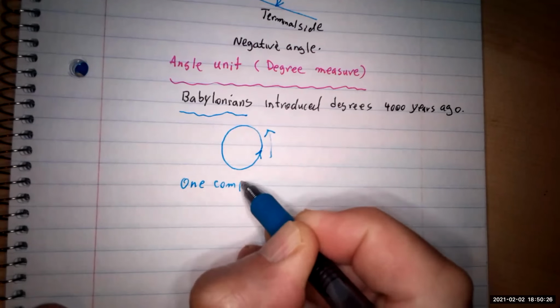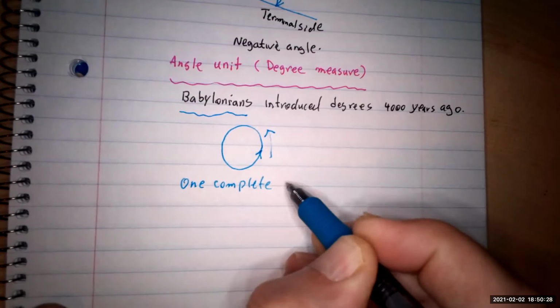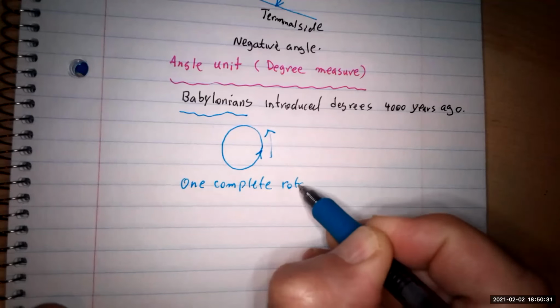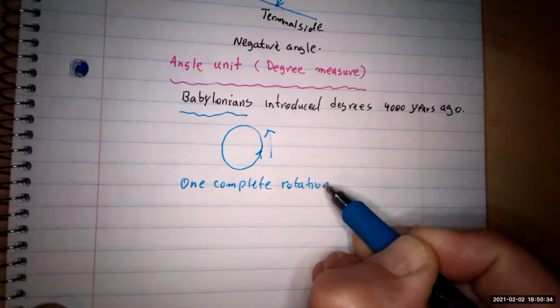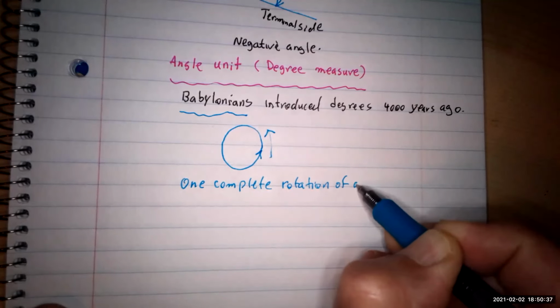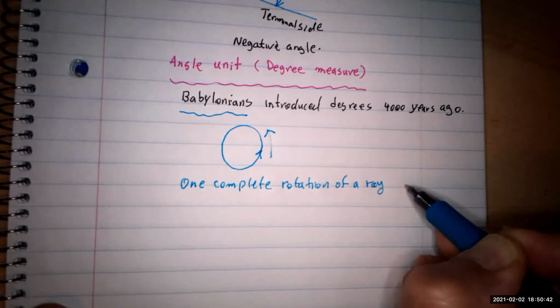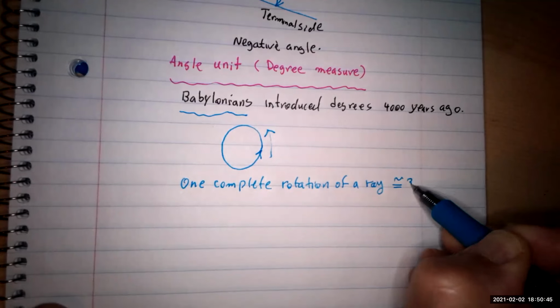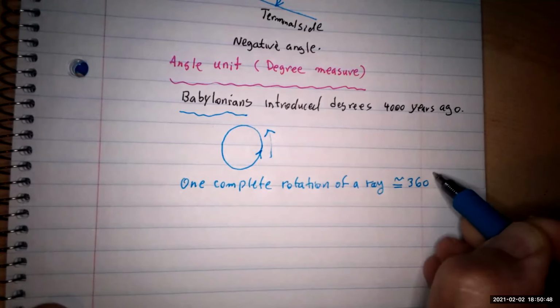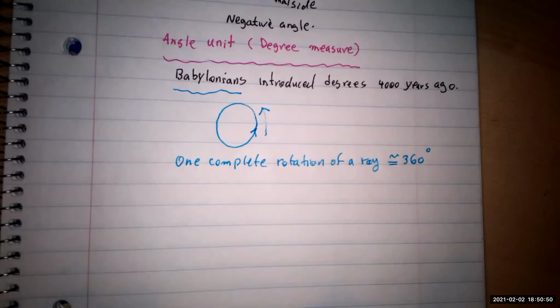One complete rotation of this ray, that you start and you're moving, would represent 360 degrees. So these are our measures, our units that we're going to talk about. One complete cycle around the circle will represent 360 degrees.